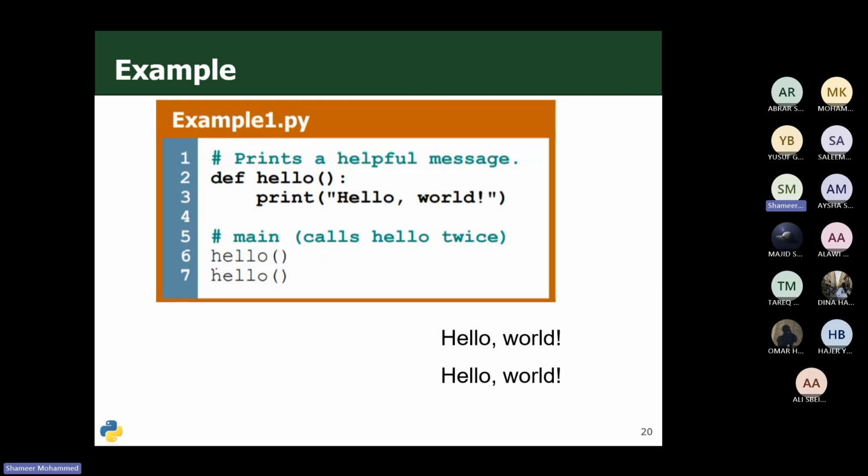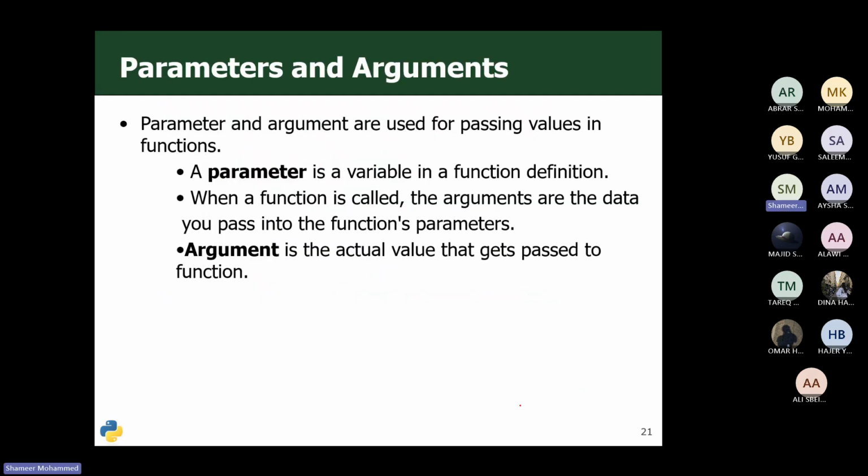So you're calling this function hello. Any number of times you can call. So 2 times you're calling, so 2 times output is coming. So parameter is a variable inside the function definition. Argument is nothing but the value that you are passing to the function.